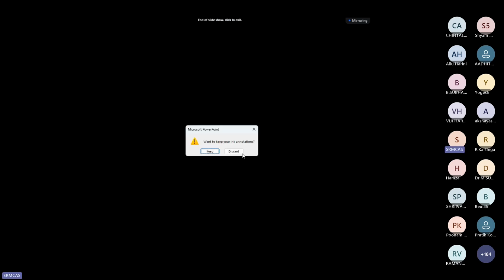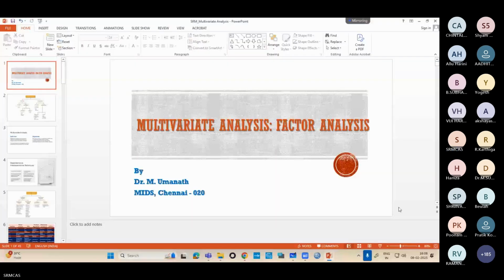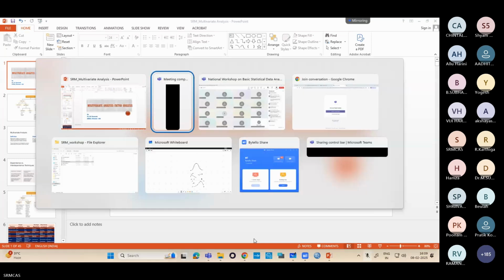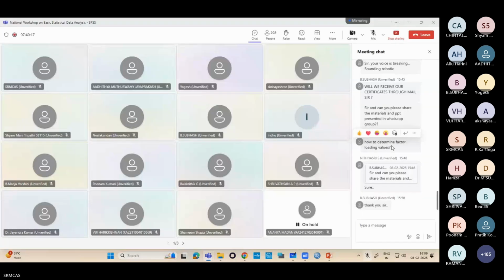So that is a factor. Factor loading is determined by maximizing the variance of all the variables. It's just a mathematical procedure behind that.